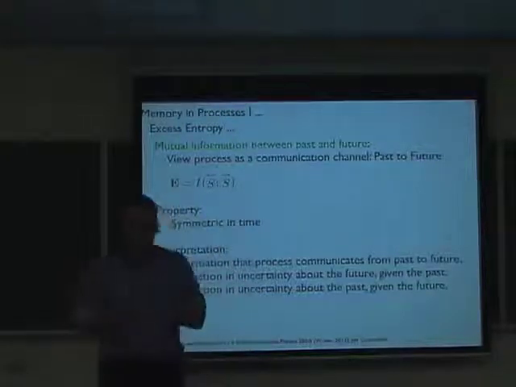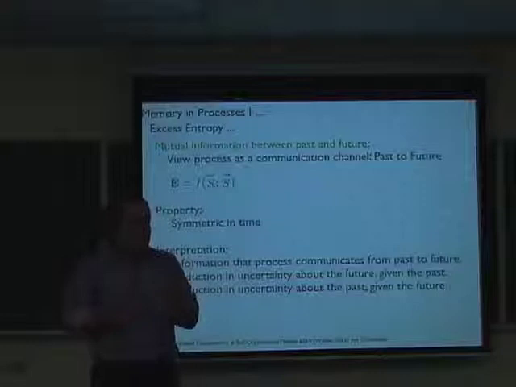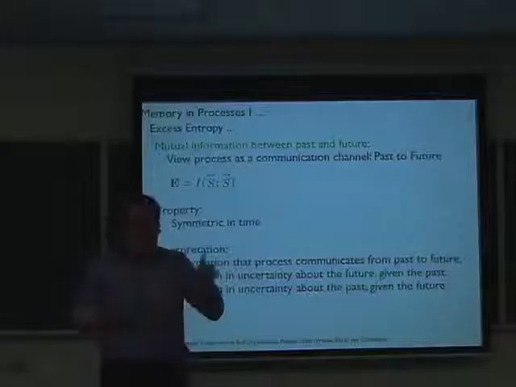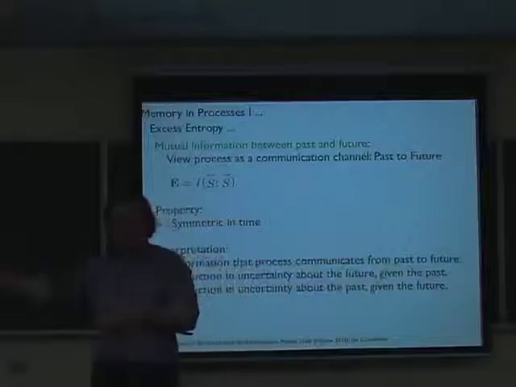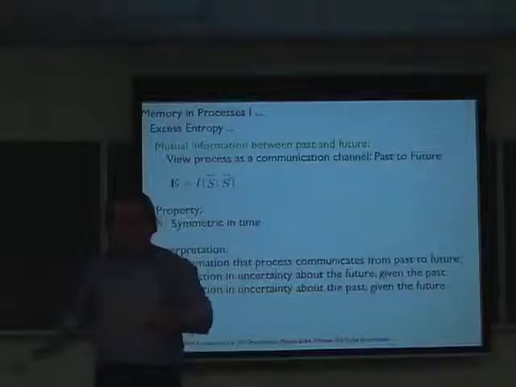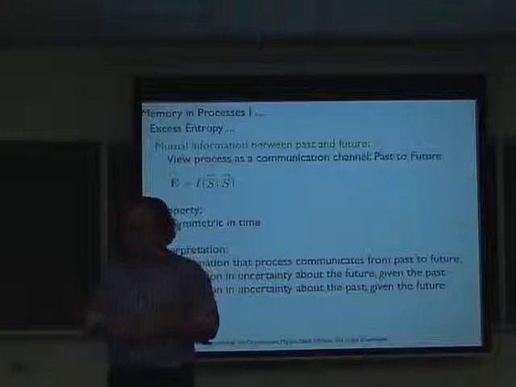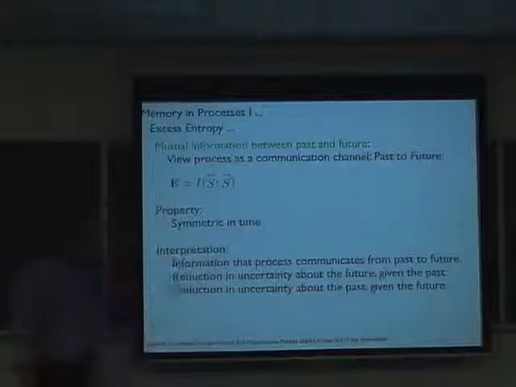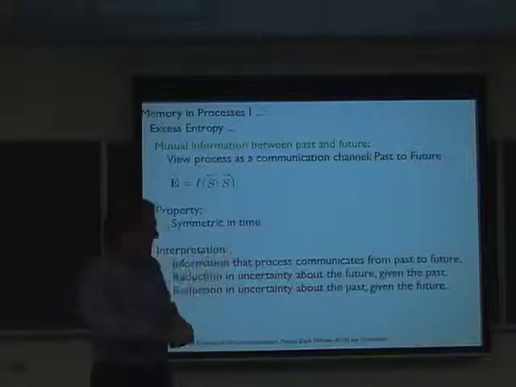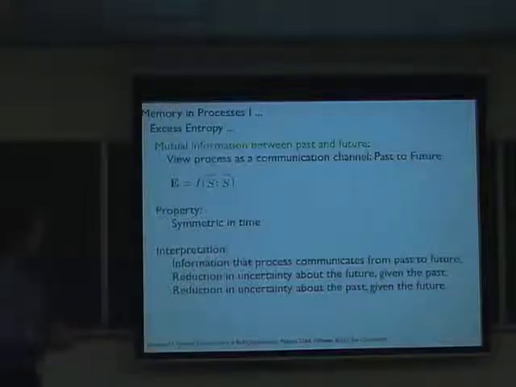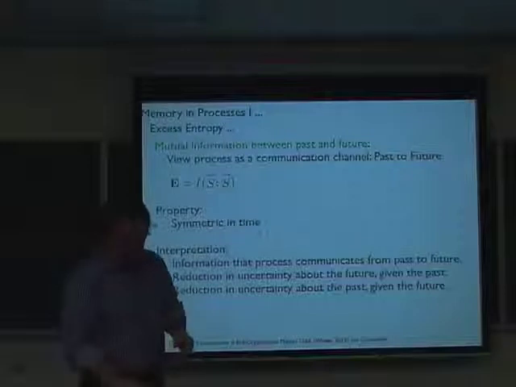The process stores as much information from the past and communicates it to the future as it stores information from the future such that it produces the past. E can't tell us there's any sort of temporal asymmetry, which maybe that's fine. Turns out to be wrong, but just to note this particular property.